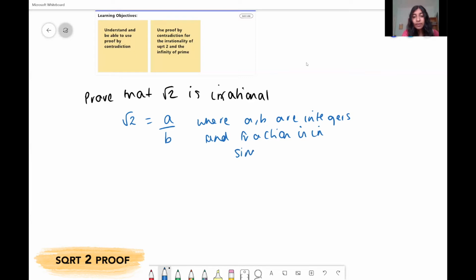This basically means that a and b have no common factors. Because let's say a was 4 and b was 2, they could just cancel each other out and the whole fraction just becomes 2. So you have to make sure that you can't cancel the fraction down again for it to be a rational number.